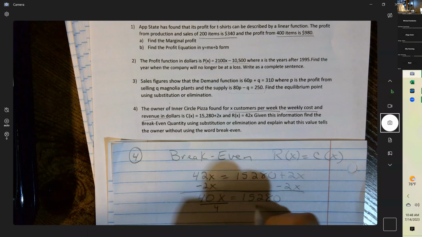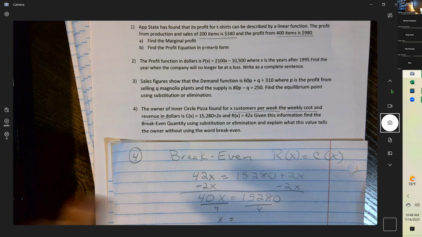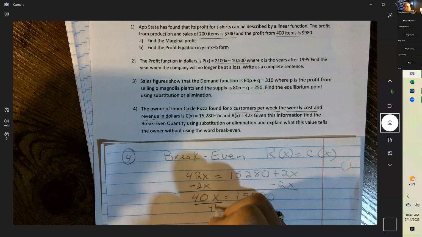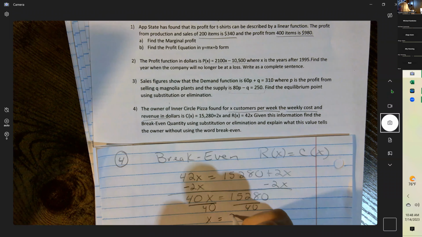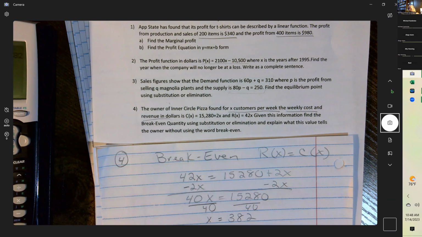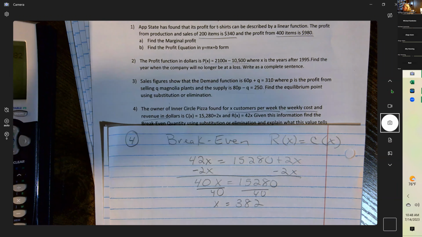Divide by the 40, sorry, 4, and get, oh, it's 40. I don't know why I said 4. 382. So the break-even quantity is 382.